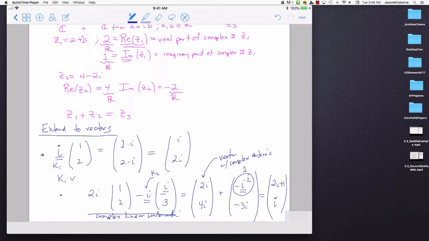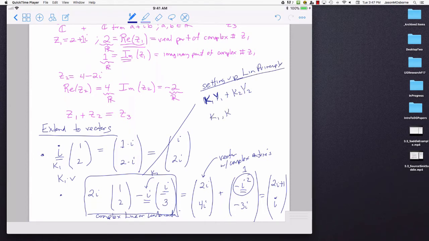So what we're setting up here is the idea that we're going to do a constant k1 times y1 plus a constant k2 times y2. We're setting up for the linearity principle, with the possibility that k1 and k2 could be complex numbers.